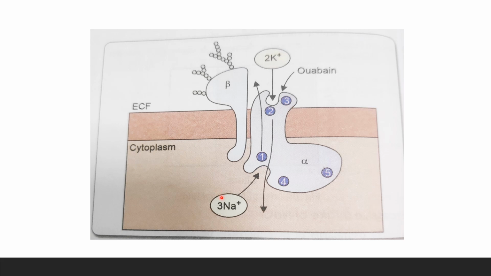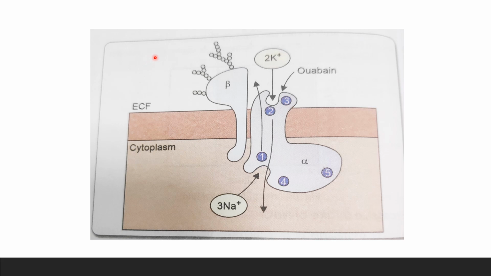It has a phosphorylation site, that is 4, and an ATP binding site, that is 3. The extracellular side of this alpha subunit has a potassium binding site, that is 2, and the Ouabain binding site, that is 3. Whereas the beta subunit is a glycoprotein which has 3 extracellular glycosylation sites.